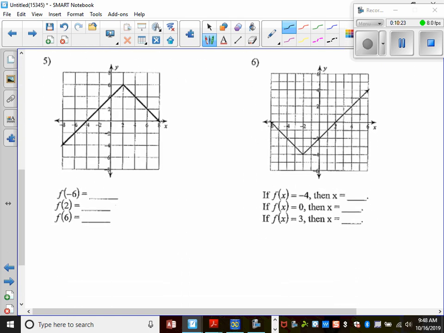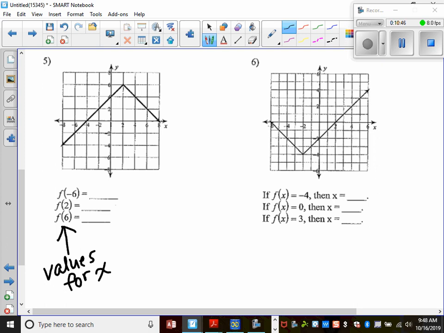And just keep in mind, guys, when you get down to question number 5, what's in parentheses is the value of x. So these are your values for x. So that means you want to go over the x-axis to negative 6 and then determine what the y value is.